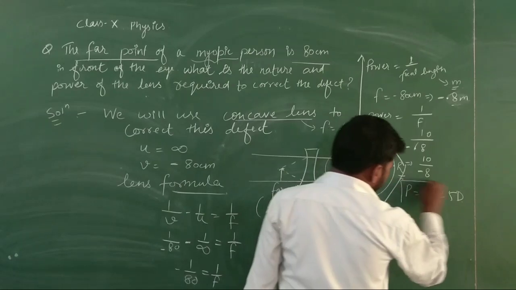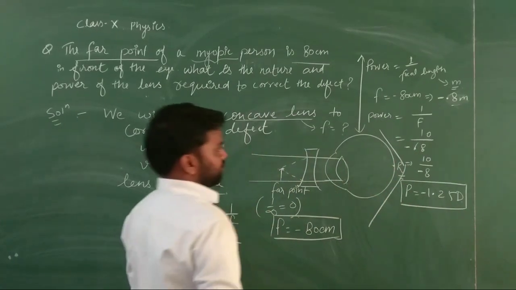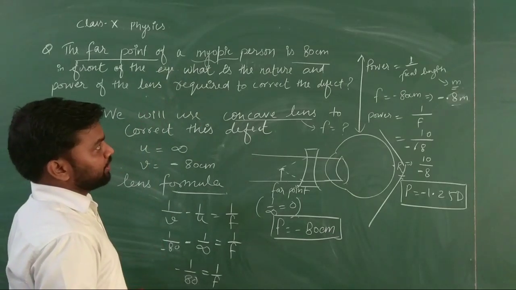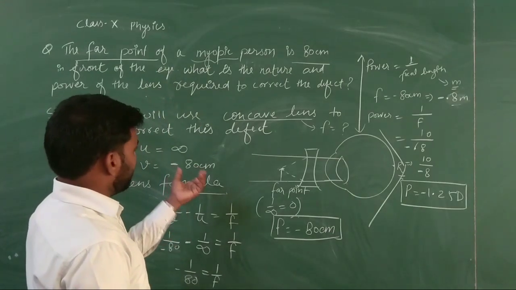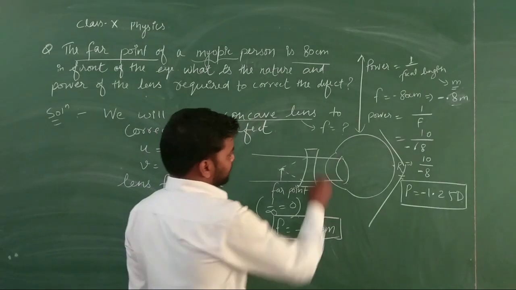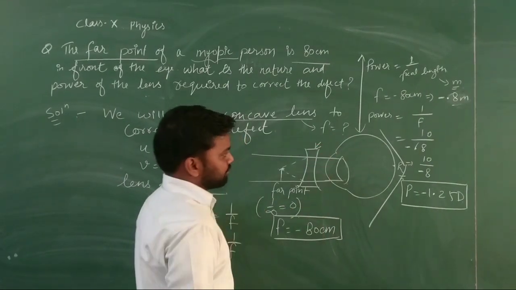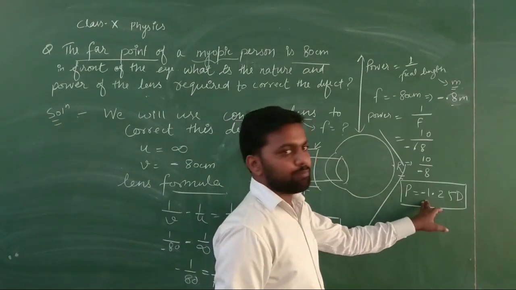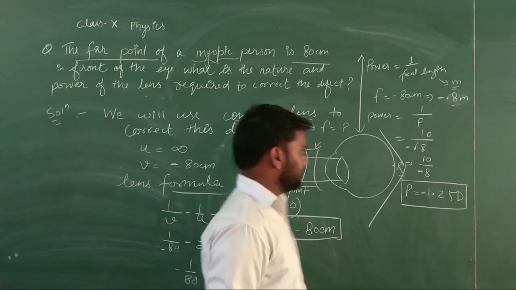It is the unit of power. So the person was suffering from myopia. He needs to use a lens of focal length 80 centimeter, and the type of the lens is concave lens, and the power of the lens to be used is minus 1.25 diopter.